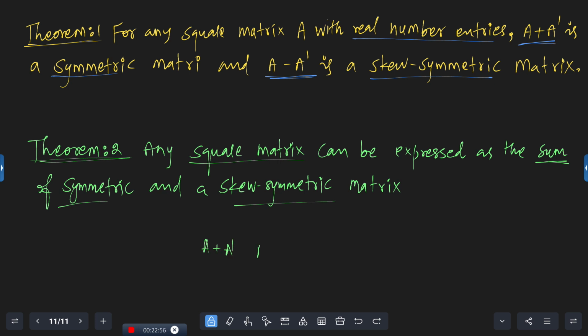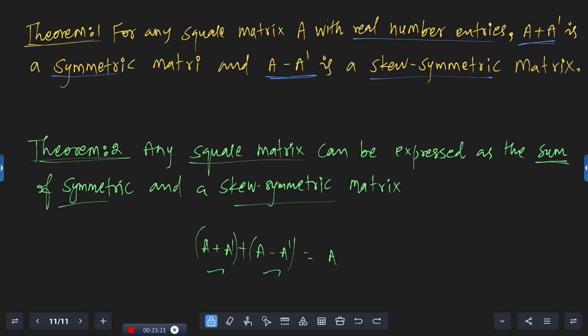Skew symmetric means A minus A dash. If we add these two, we can express any square matrix. When you add both, you will get the square matrix A.